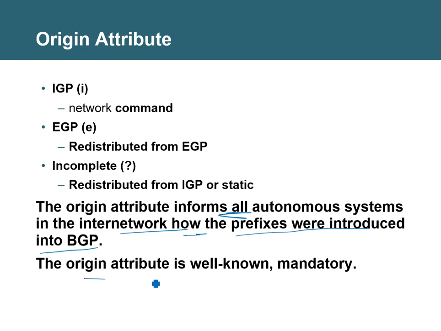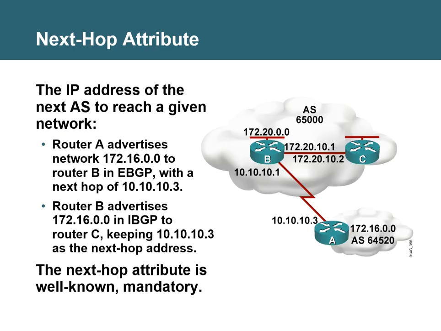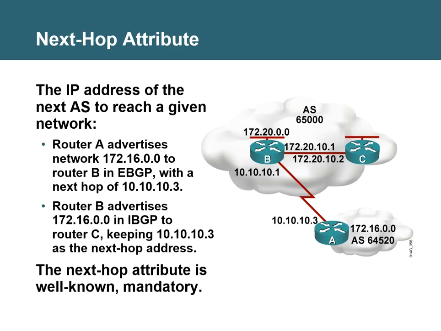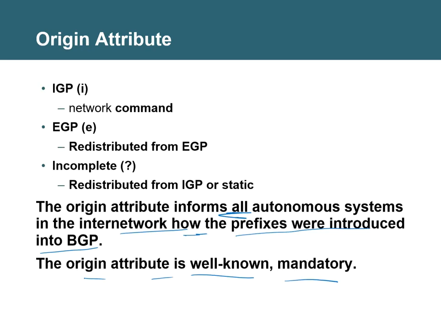The origin attribute is well-known, mandatory. So we have seen three attributes so far. One is AS path, which is well-known, mandatory. Next hop, which is well-known, mandatory. Origin, which is well-known and mandatory.